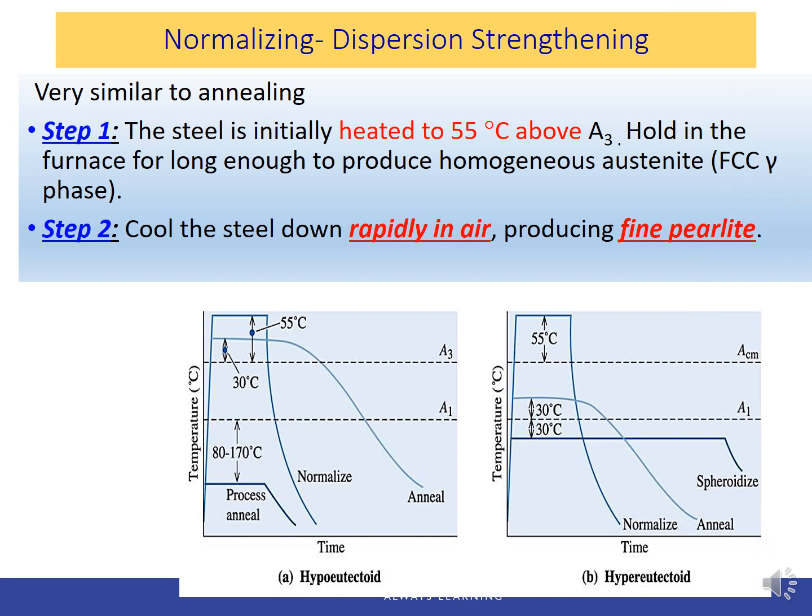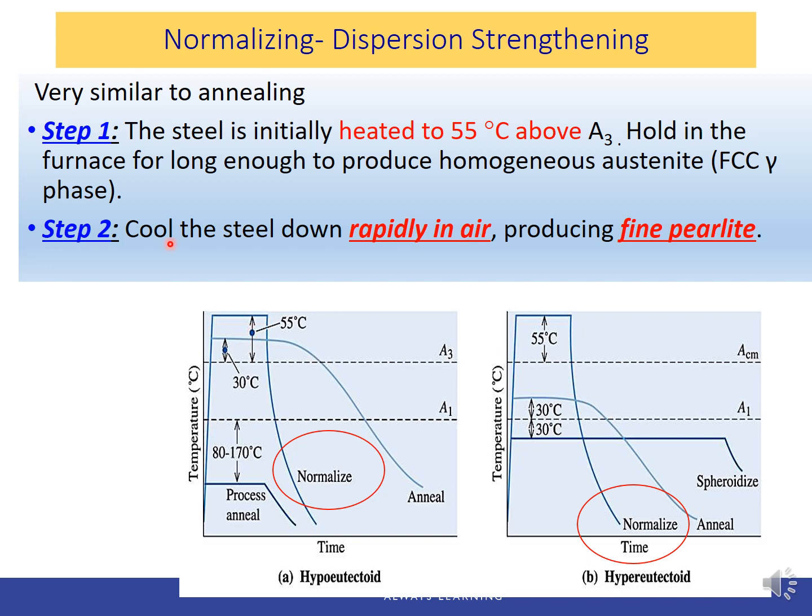Normalizing is also related to dispersion strengthening, and the process is very similar to full annealing. It's just that the temperature is a little bit higher than the full annealing temperature. So the steel is initially heated to 55 degrees Celsius above this A3 temperature, and again held in the furnace for long enough to produce homogeneous austenite.